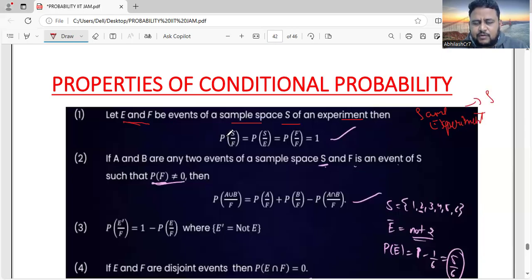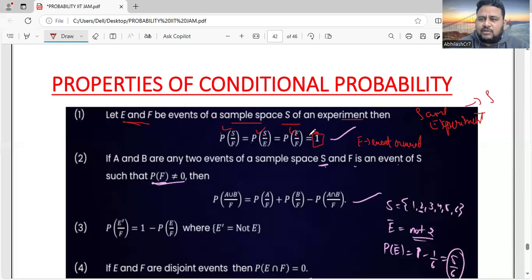So for that, probability of sample space S with respect to F is equal to probability of S with respect to E is equal to probability of F by F. F is what? The event that has already occurred. That is equal to 1. So whether this or this or this, it will always be equal to 1.